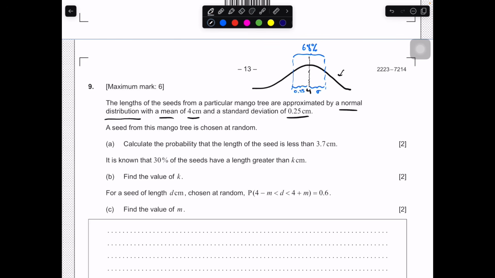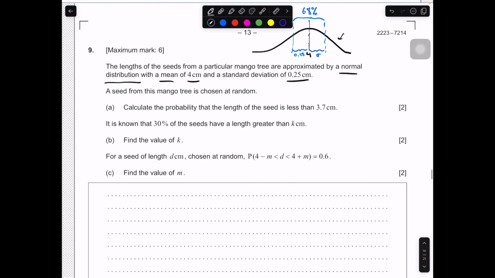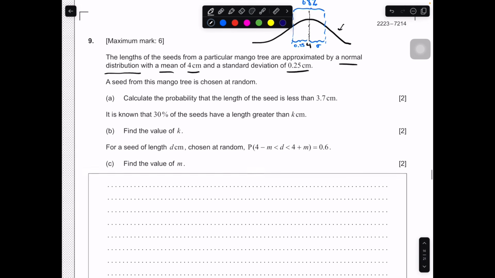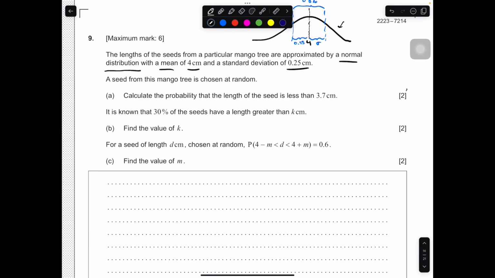Okay, so part A asks us to calculate the probability that the length of the seed is less than 3.7 centimeters. 2-mark question. Remember, for this, if you're not sure how to work this out, process marks at very least are a sketch. So throughout, I'm going to draw a sketch here. So here's our normal curve. Here's our mean of 4.